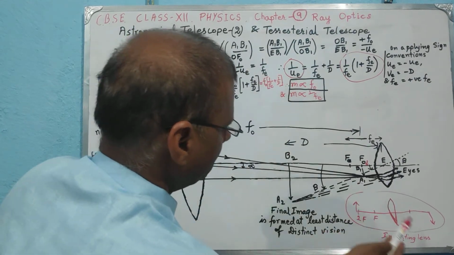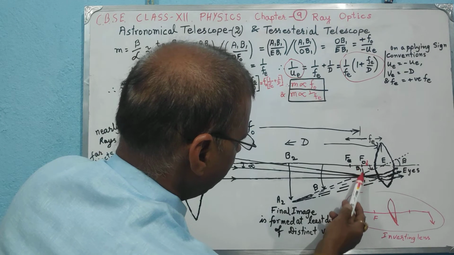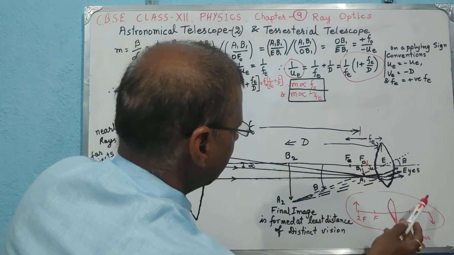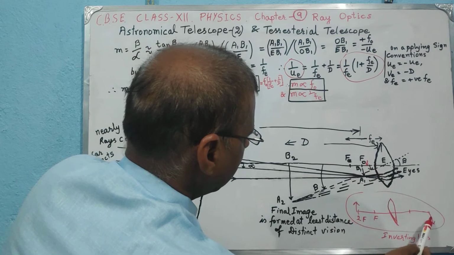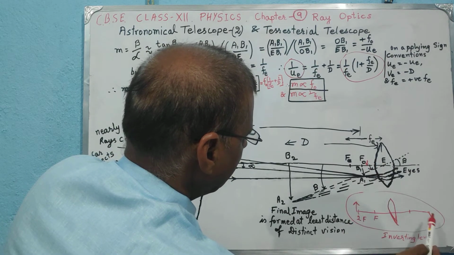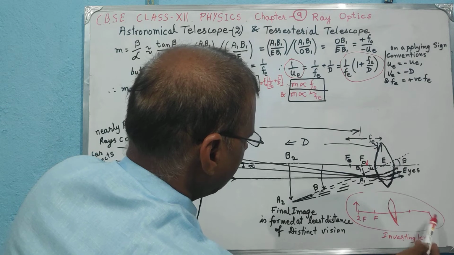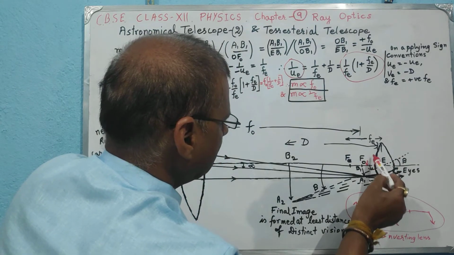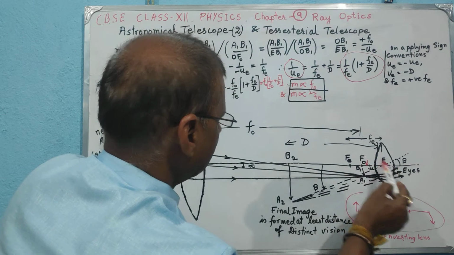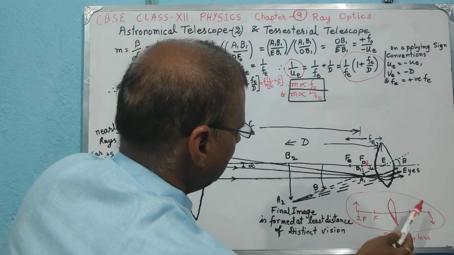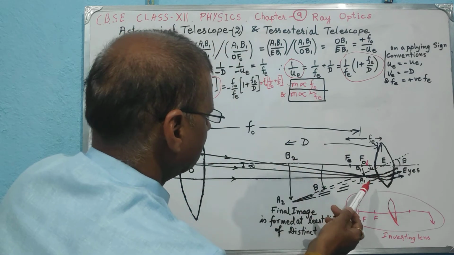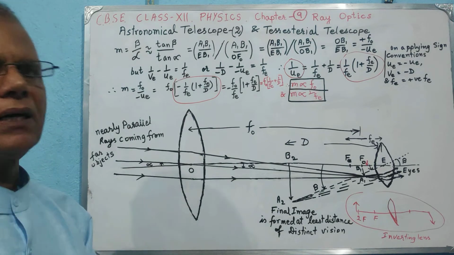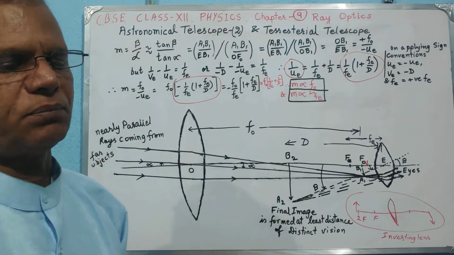The image of this inverted image will be made erect without changing the size of the image. So that image, which is now erect with respect to the object, will be enlarged, and then we feel comfortable looking at earthly objects.